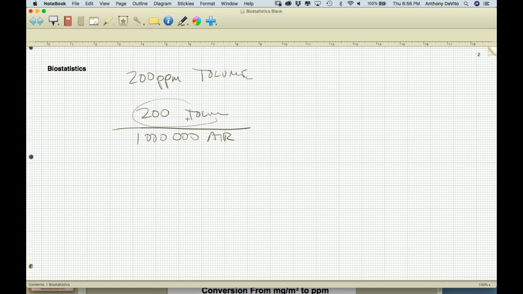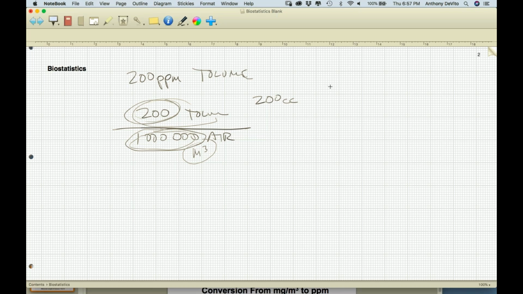You'd have to figure out, well, if this was cc's, this would be 200 cc's of toluene, and a million cc's of air is equivalent to a cubic meter. It's volume to volume. So how many milligrams are in 200 cc's of toluene?